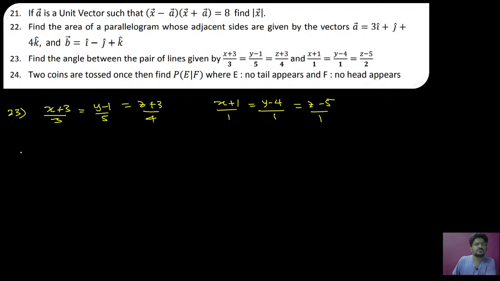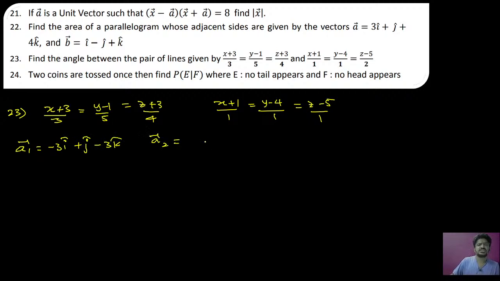These are in the Cartesian form, so convert them to vector form. Here you can see a1, this is b1, this is c1, a2, b2, c2. So from that you can also calculate vector a1 is minus 3i cap plus j cap minus 3k cap.